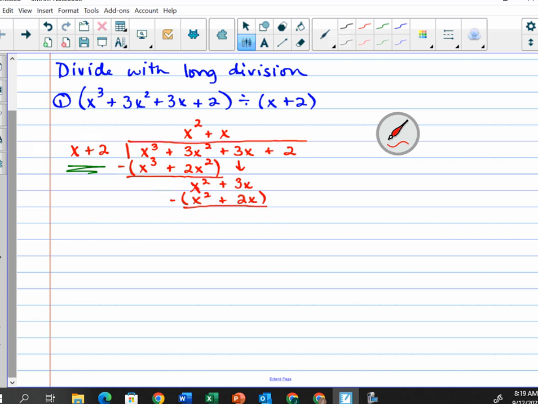We good? Perfect. All right, then we're subtracting again. So x squared minus x squared gone. 3x minus 2x is just x. Bring down your plus 2.